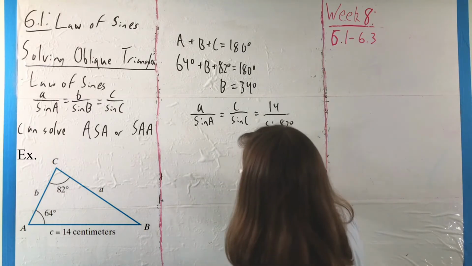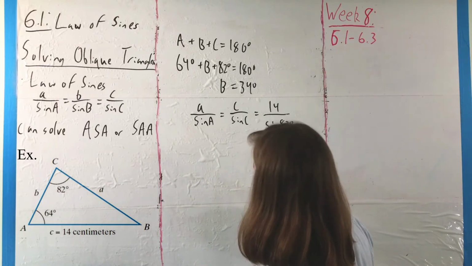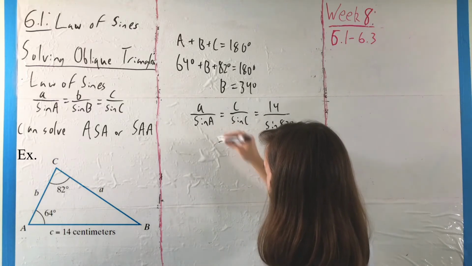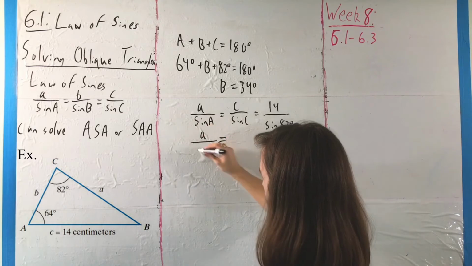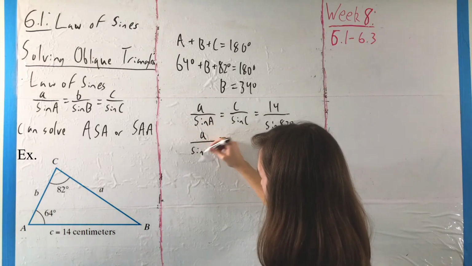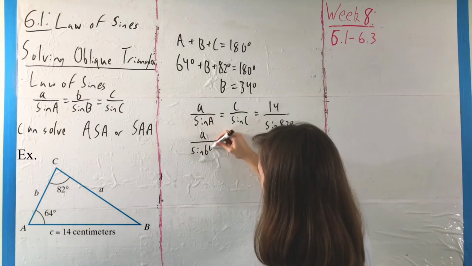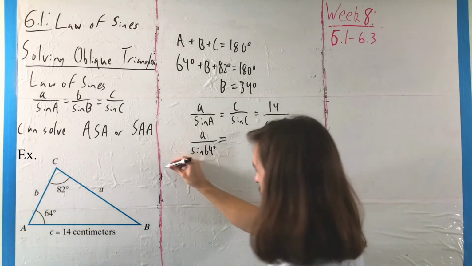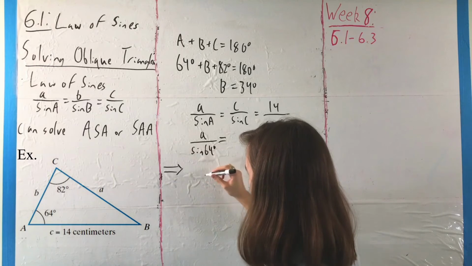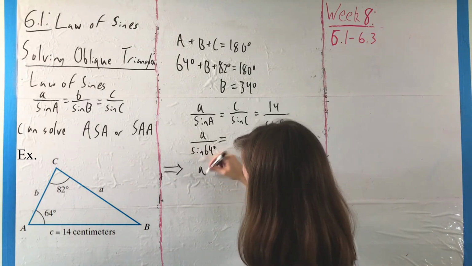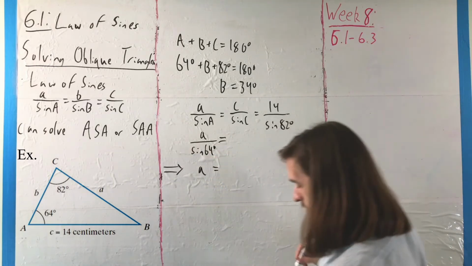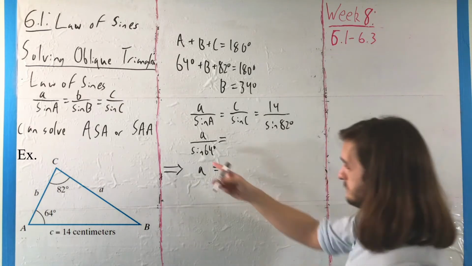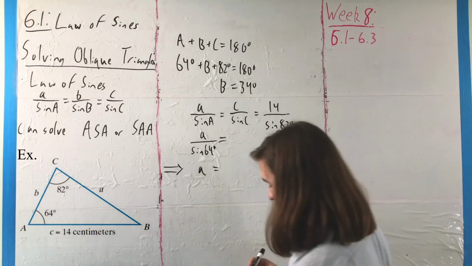we also have on the other side that, well, a is unknown, so that's what we're trying to find, but big A, the angle, is 64 degrees. So we can say that the side length, little a, is equal to that value here multiplied by sine of 64 degrees.